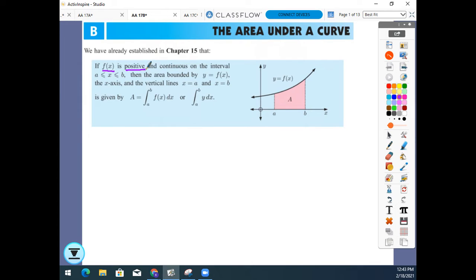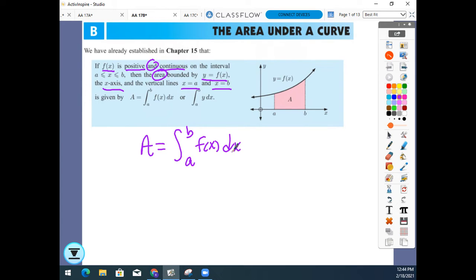So this is all just for functions that are above the x-axis and continuous. Then the area bounded by the function, the x-axis, in between a and b, just equals the integral from a to b of the function.